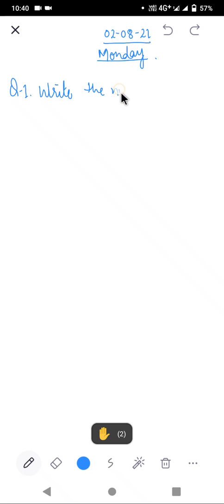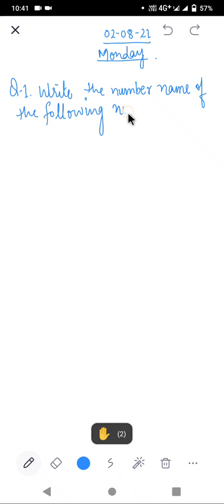Write the number names of the following numbers. The numbers I'm giving you, you have to write their number names.